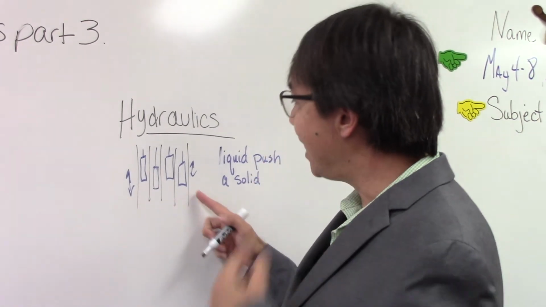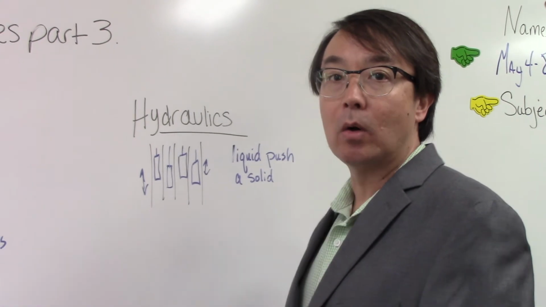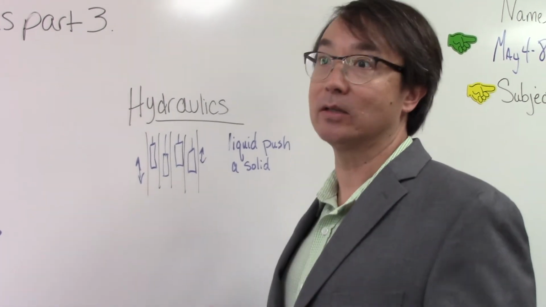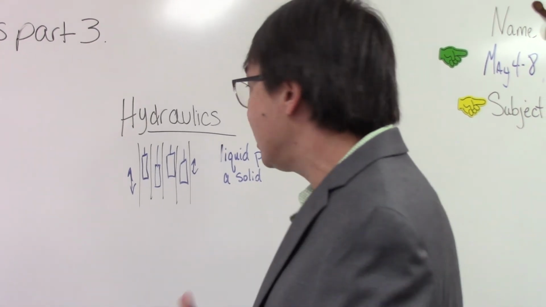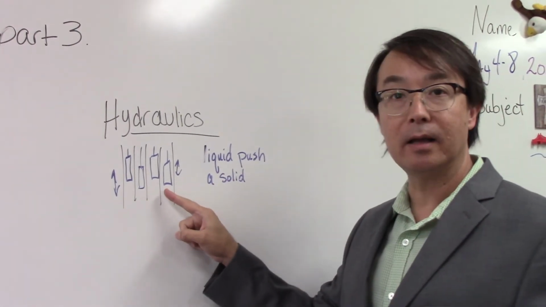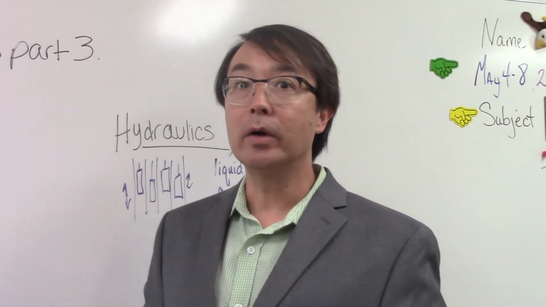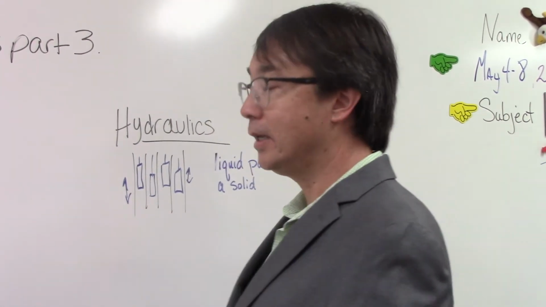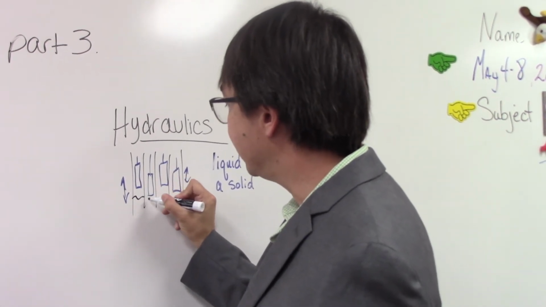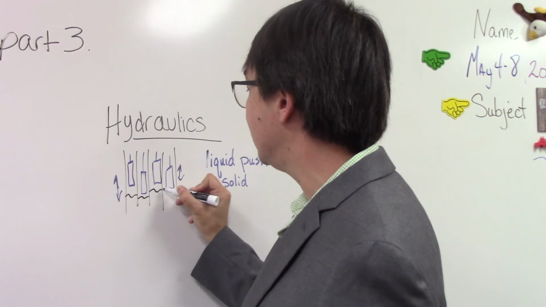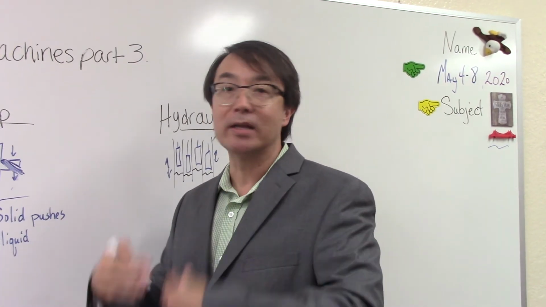So if we had our pistons going up and down, up and down, up and down in a car, it would get so hot your car would burn up. And in fact, that's what happens. Your car engines will burn up if you don't have some sort of liquid pushing these solids. In this case, oil. When you go for an oil change, it's because the oil inside the pistons is getting dry and sticky, so you need to put more slick, gooey oil inside to make the pistons go nice and smooth.